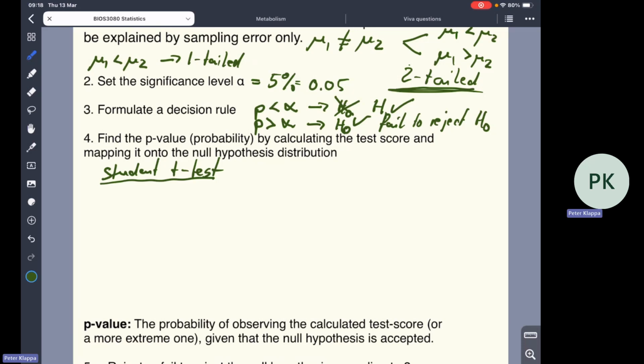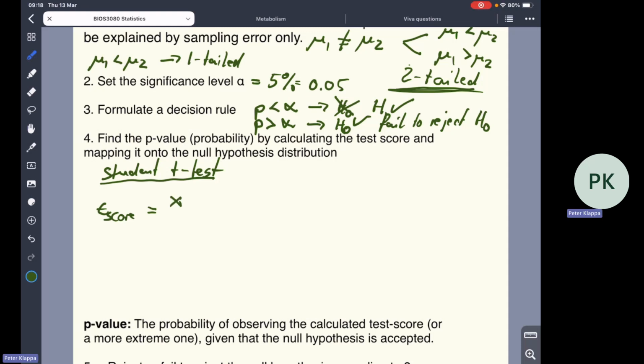Okay, so how does it work? Well, there is a calculation that calculates what is called a test score, the t-score. You can write that down, but there will be a caveat, and I'll tell you later.